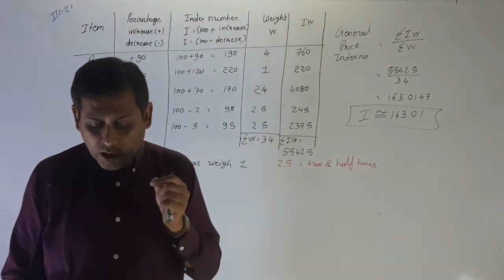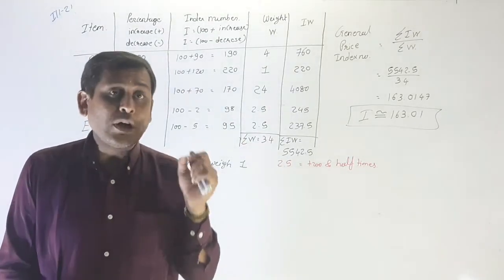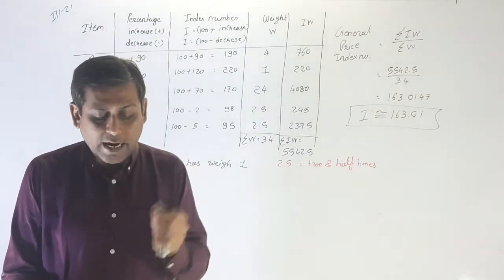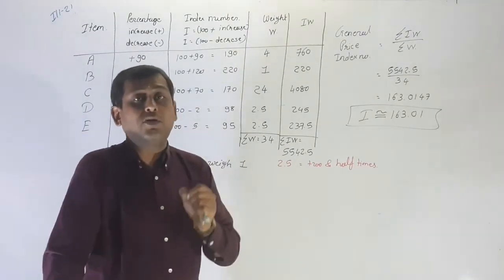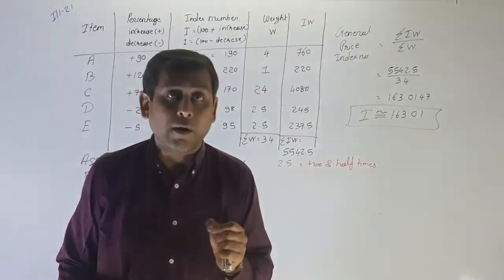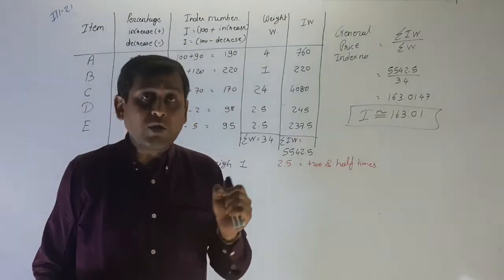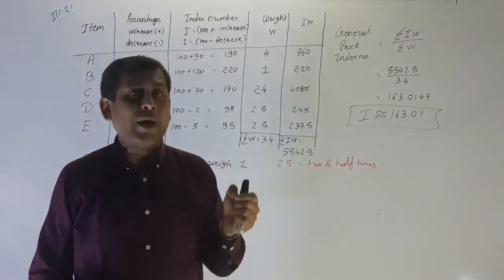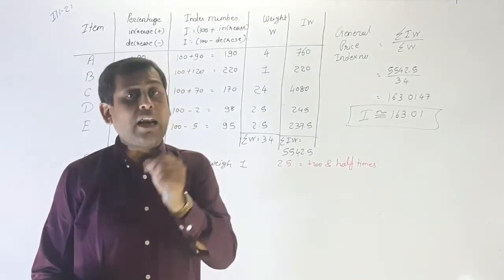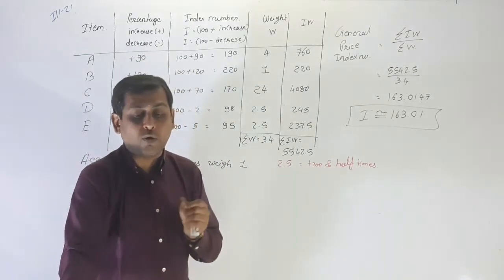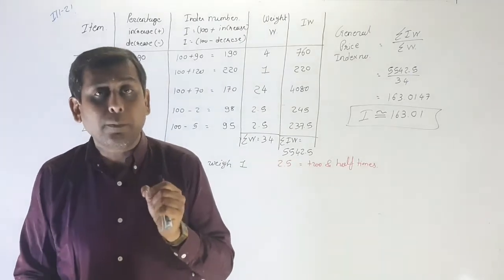And the expenditure of this group is 42%, 15%, 10% and 12% respectively. This is the weight given here: food weight is 42%, clothing weight is 15%, house rent weight is 10%, and miscellaneous group weight is 12%.